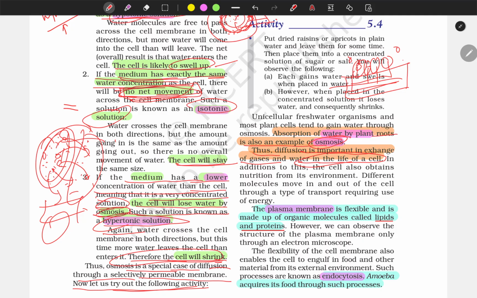We breathe in oxygen and we exhale carbon dioxide. Suppose this is our blood vessel, and these small sacs are alveoli. They exchange oxygen and CO2 by the process of diffusion.